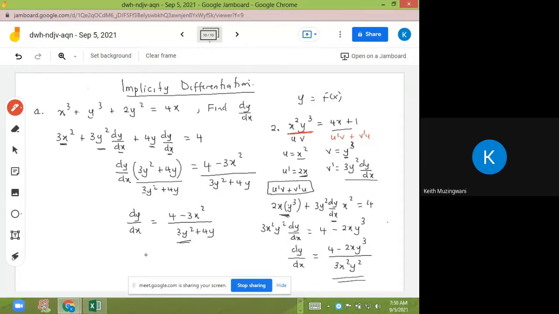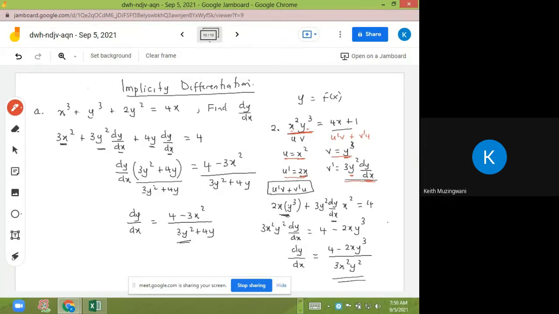So we let u be one of these things that are being multiplied here. So u is x squared, v is y to the power 3. The derivative of u, which is called u prime, is 2x. The derivative of v, which is y to the power 3, is 3y squared, but because we have differentiated y, we multiply it by dy/dx. So this is v prime, this is u prime, this is u, and this one is v.